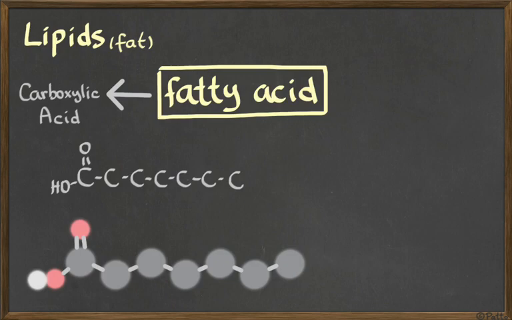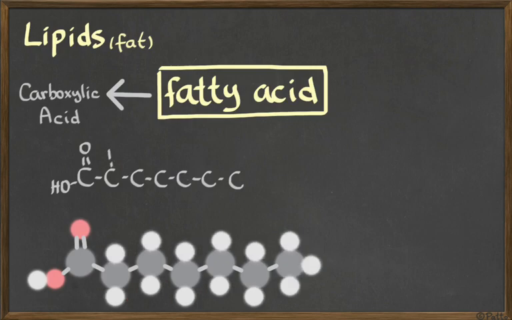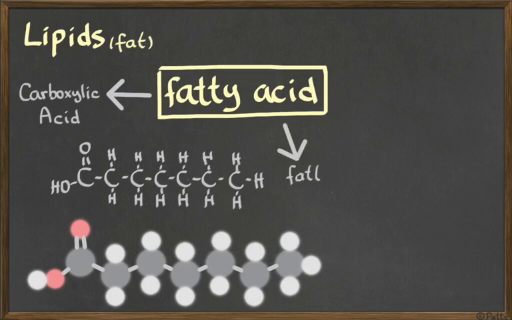You have carbons going on and on and on, and you complete those carbons with hydrogen, hydrogen, hydrogen, like that. This here is a fatty acid. The carboxylic acid part is acidic, but the rest is pretty neutral, pretty apolar.